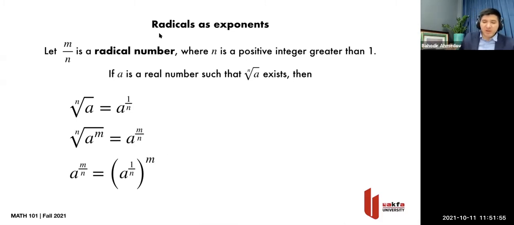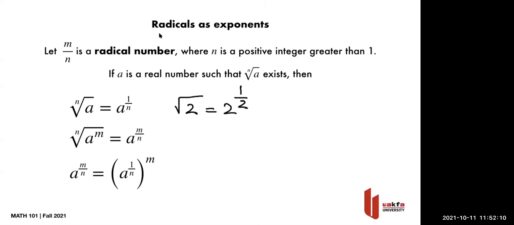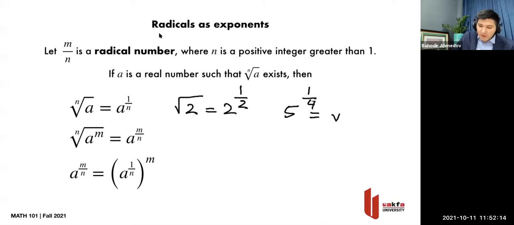For example, instead of writing the square root of 2, I can write 2 to the power of 1 over 2. Whenever I write a power using rational numbers, it can be written as a radical. For example, 5 to the power of 1 over 4 means the 4th root of 5.